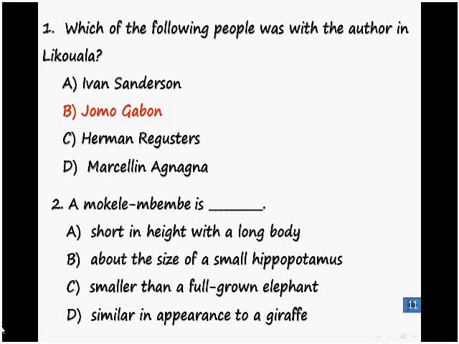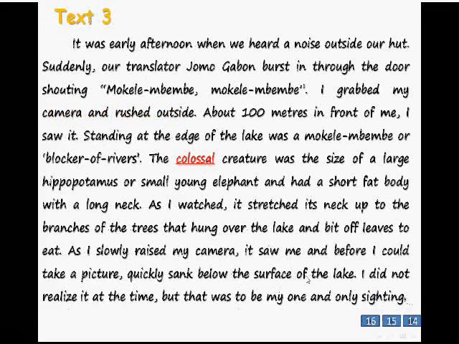Of course, hippopotamus, which is in B, is a kind of animal, a somewhat big animal which lives in rivers. It feeds on plants. So in order to know this, we have to go back to the text and read the description. Okay, so this creature was the size of a large hippopotamus. Be careful, you have to continue.